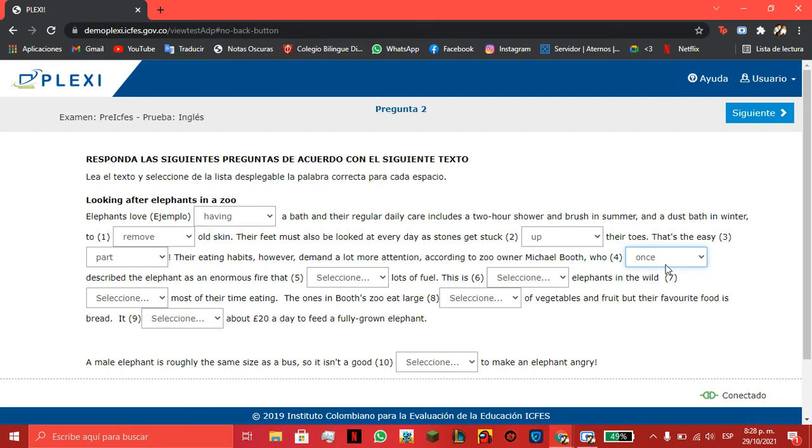So described the elephant as an enormous fire that search, needs, ask, keeps.